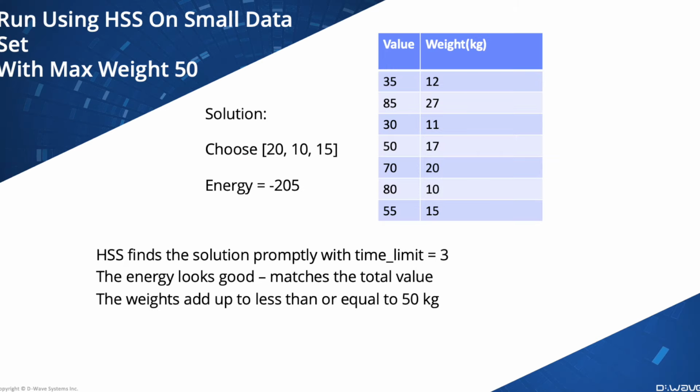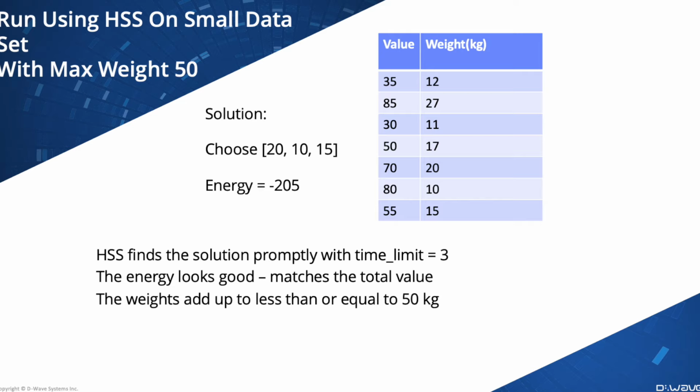So here are some results that we got when we ran the HSS on a small data set. Not very many objects here, but you can see, just to get familiar with this sort of data, on the left side is the value of each object and the right side is the weight. And HSS finds the solution very quickly using the default time limit.